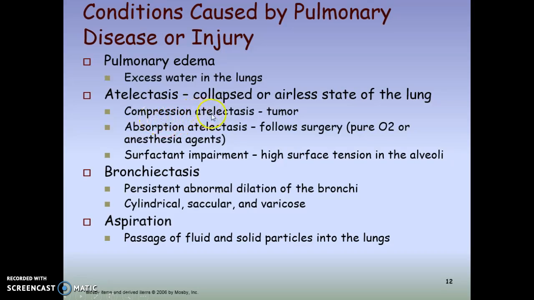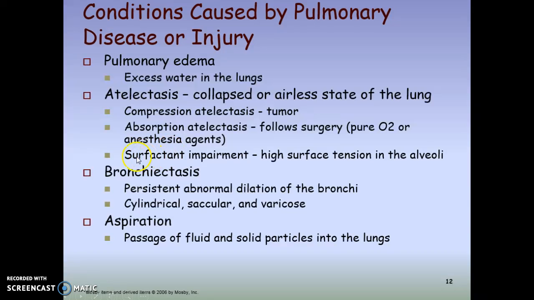You can have a compression atelectasis where the lung tissue is being compressed, and that's usually due to a tumor. And so the lung tissue is compressed, and that can also look like it being collapsed, but there's not going to be any air getting into that area of the lung. There can be absorption atelectasis, which we'll talk about further down.